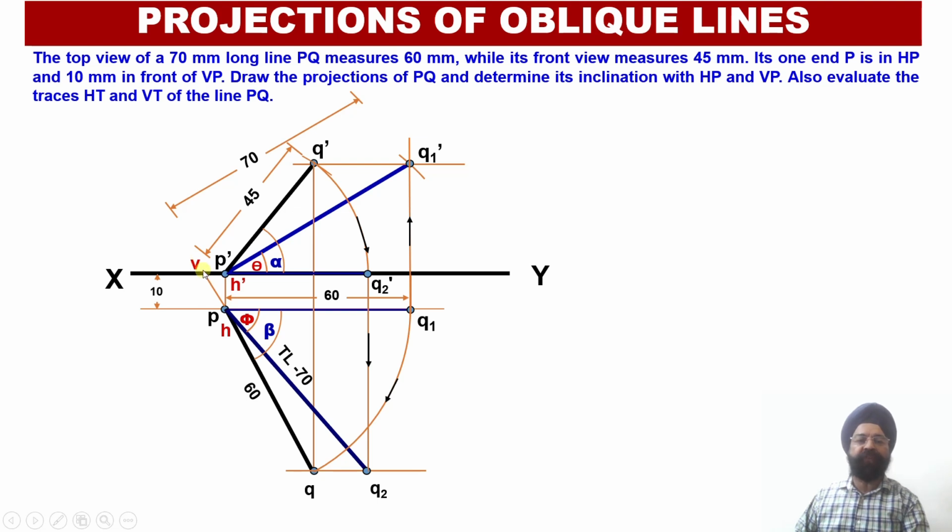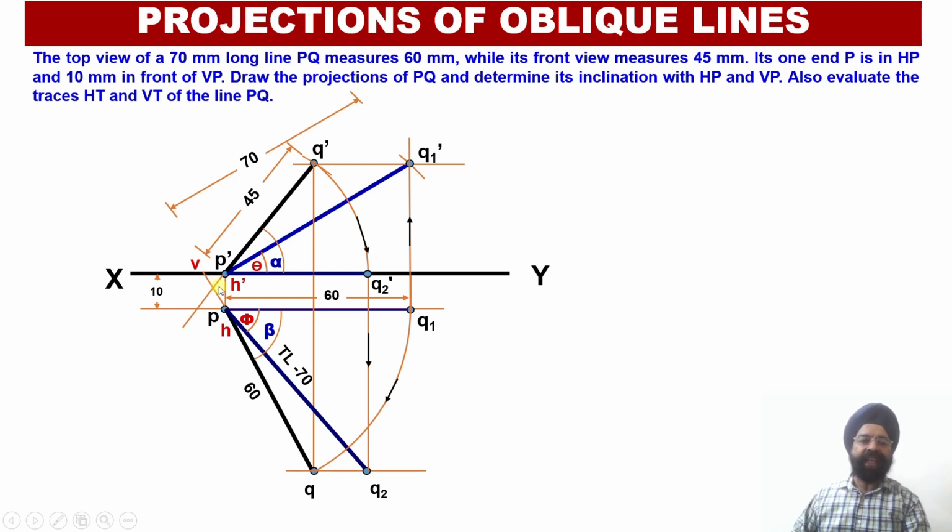Now from point V, I have to obtain a vertical projector line in such a way that it intersects the elevation projection line P dash Q dash itself or its extension, because if I draw a vertical projector line, it is not going to intersect the elevation projection line P dash Q dash itself. So what I have done is carry out the extension of the elevation projection line P dash Q dash.